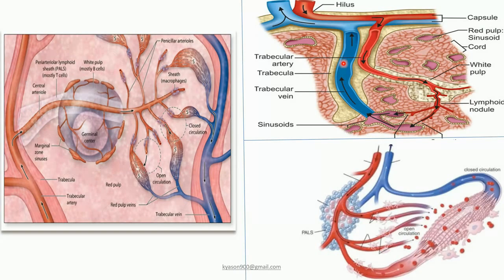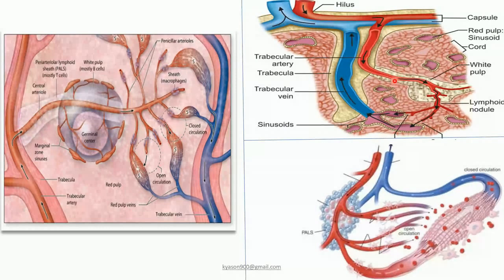These images can help us revise what we've just covered. From the hilum, the splenic artery gives off branches. One of the branches, the trabecular artery, enters into the spleen and gives off a central artery that is surrounded by a sheath containing T cells.